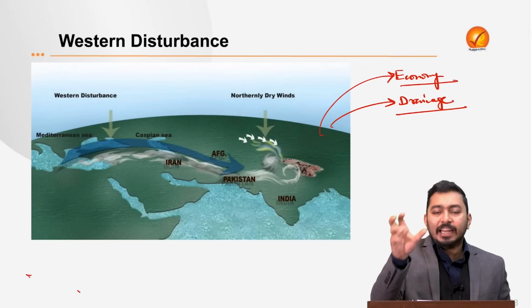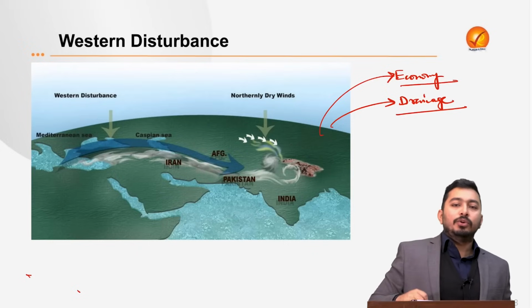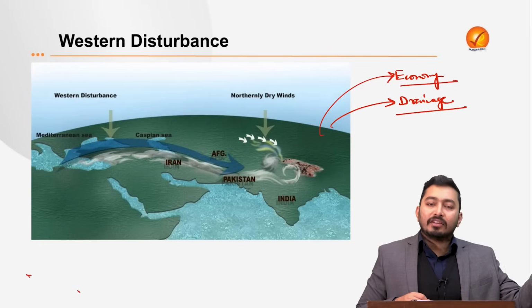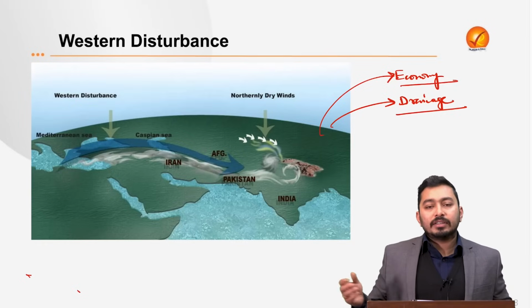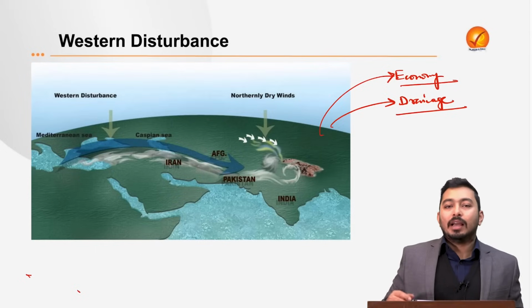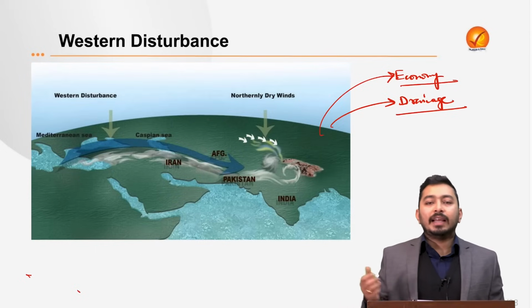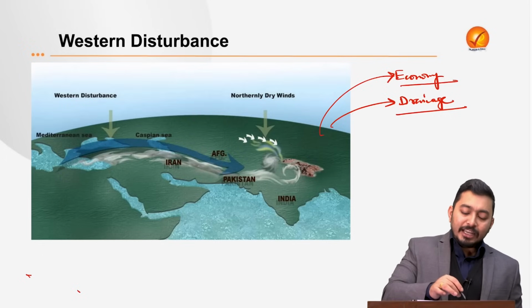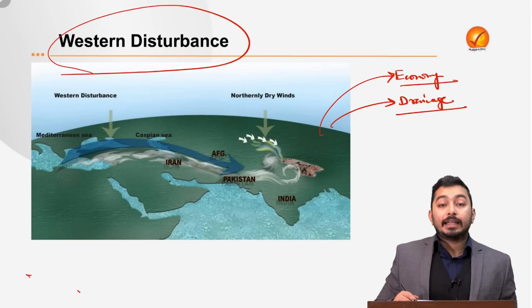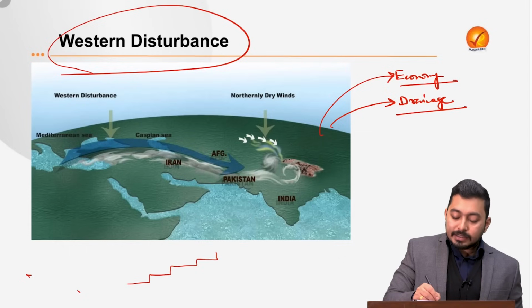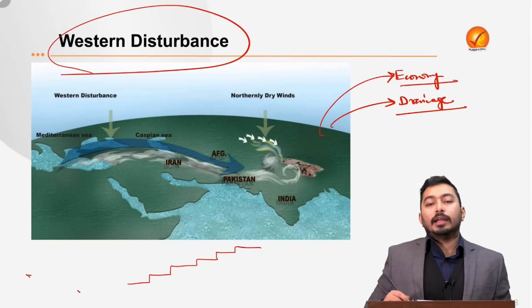This 89% of water that we use is coming from, let's say, groundwater, from surface water, from our rivers. So if the overall water is decreasing, again it is affecting our drinking water needs and our agrarian needs. So one dry spell of western disturbance can lead to, again, a cascading set of challenges for India, right?